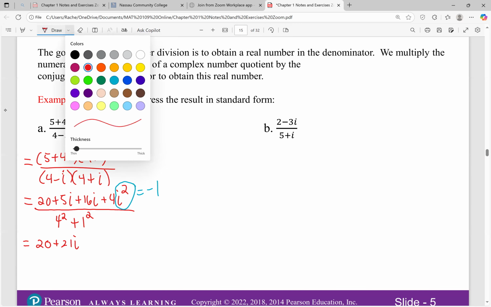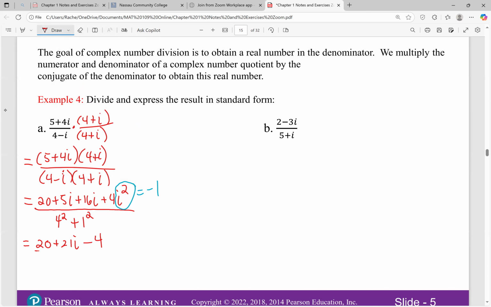So I'm going to have positive 4 times negative 1, which is negative 4. And this is going to be over 17. 20 combined with a negative 4 is 16. So we're going to have 16 plus 21i over 17.